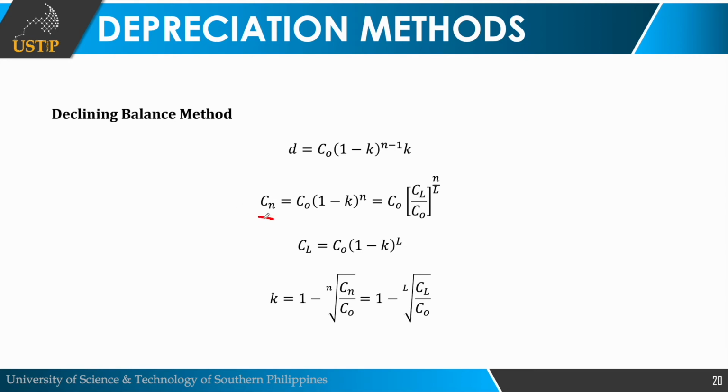Okay, so for the book value class at nth year, that is just your original cost. Kani, ato mo na itong na-derive, diba dito? C sub o (1 minus k) raised to n. So, kani siya nga value, nabot lagi na siya. Actually, gikan na siya dire. When your n is equal to L class, na kay C sub L is equal to C sub o (1 minus k)^L.